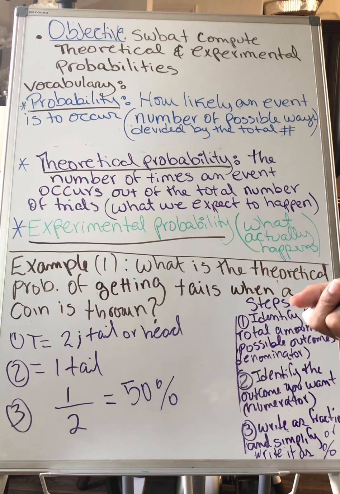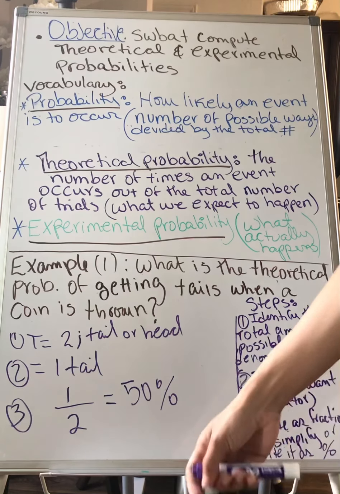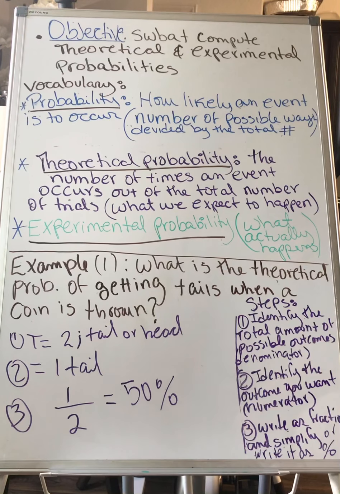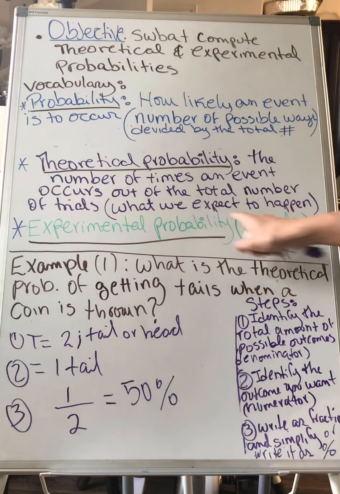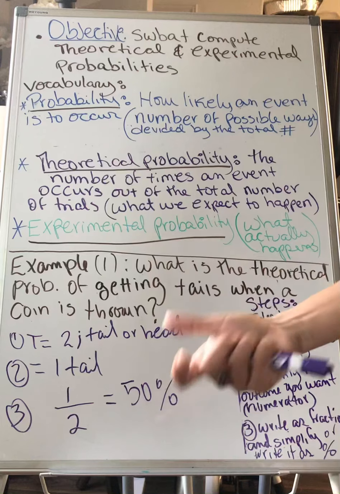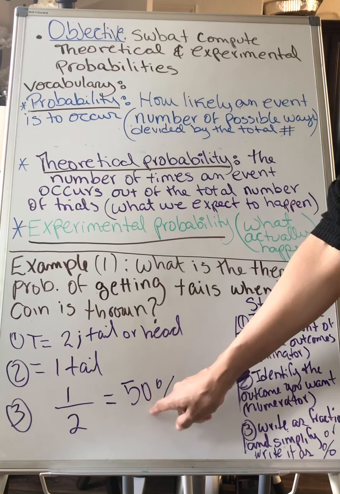If you do it only about 5 times, it's not always going to be 1/2. Sometimes it might be 60% or 70%, but if you keep experimenting so many times, eventually it gets really close to 50%. So go ahead and throw a coin and see if you get close to 50%. The experimental is what actually happens when you do the experiment, but it gets really close to the theoretical probability.